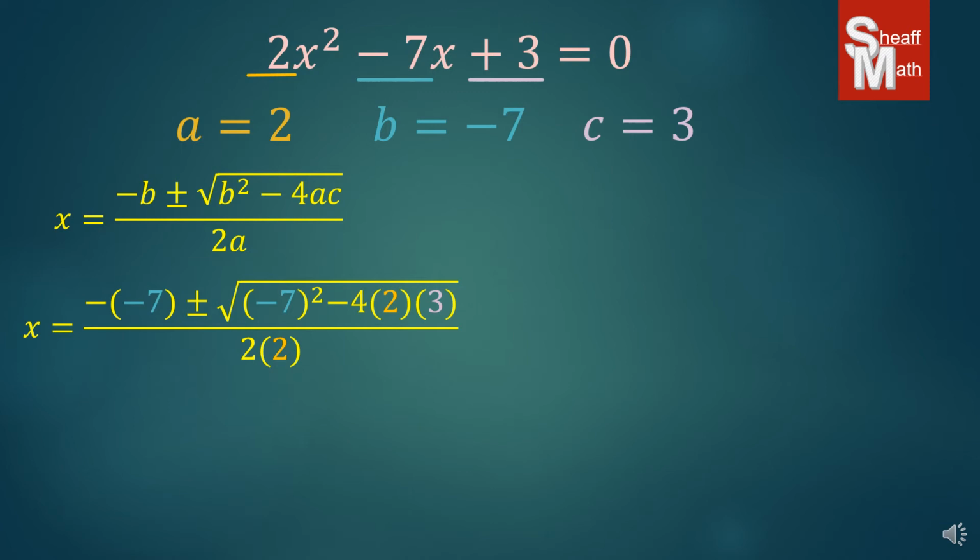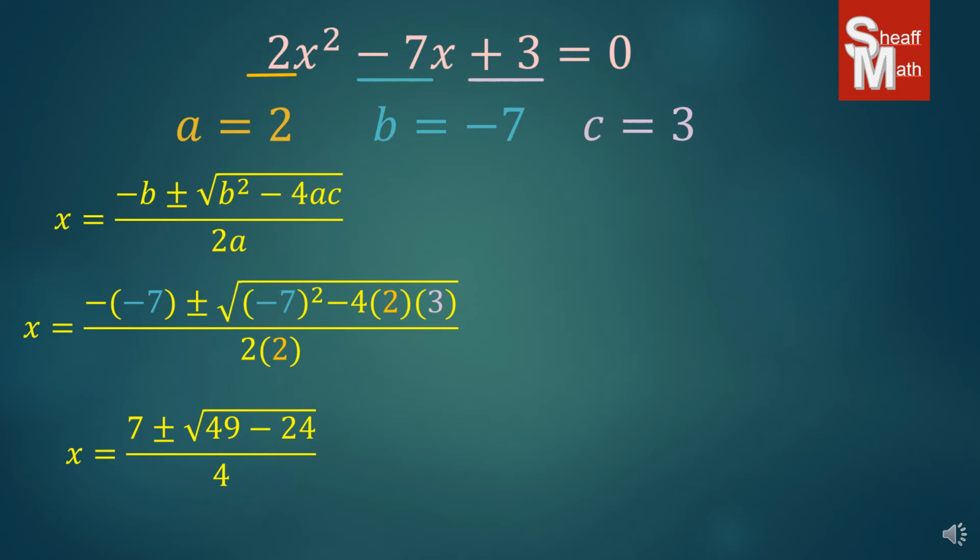And I'm going through the simplifying kind of quick, hoping that you know how to do this already. So the first thing is that minus -7 turns to a +7, plus or minus the square root of (-7) squared. Now, that's important to put that -7 in parentheses because you are squaring the entire -7.